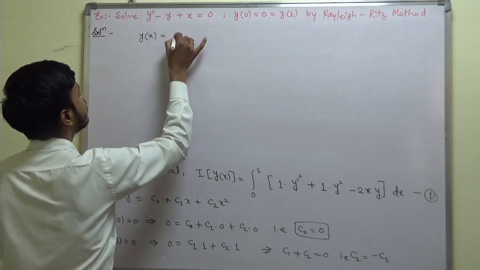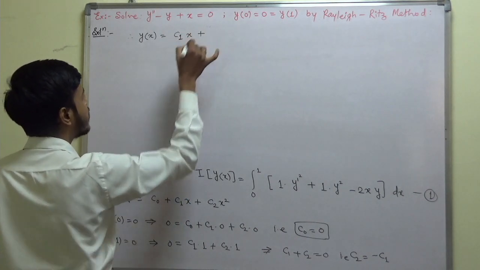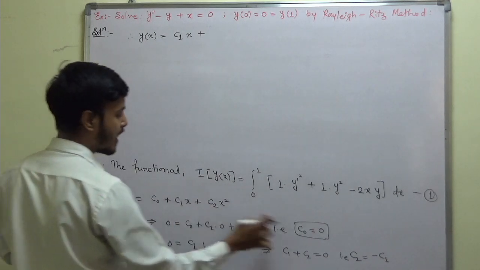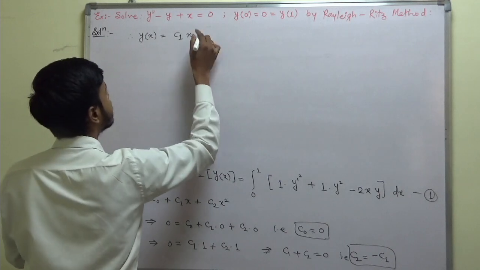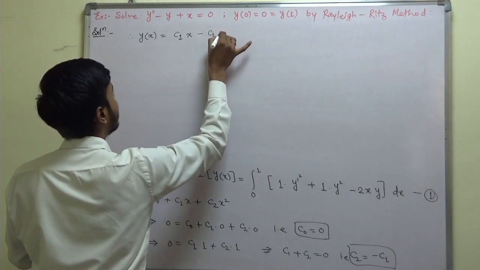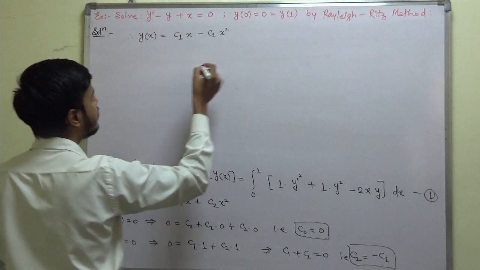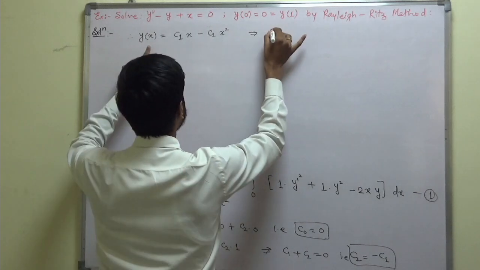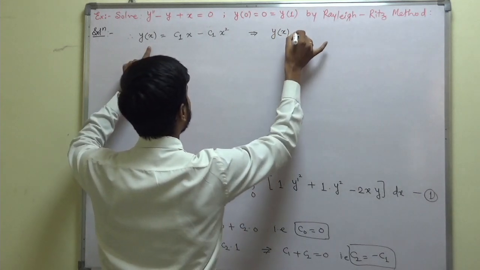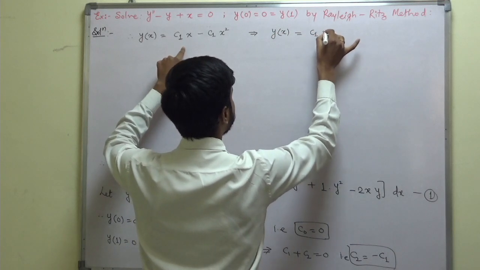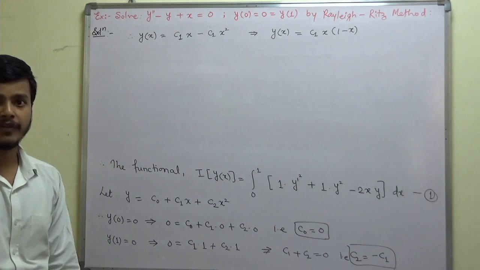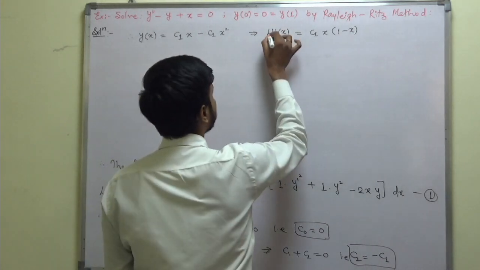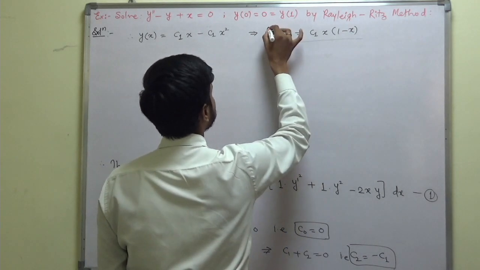C1 x plus, what is C2? C2 is minus of C1, so this is minus of C1 x square. From here you can common out C1 x, so you can write C1 x into 1 minus x.